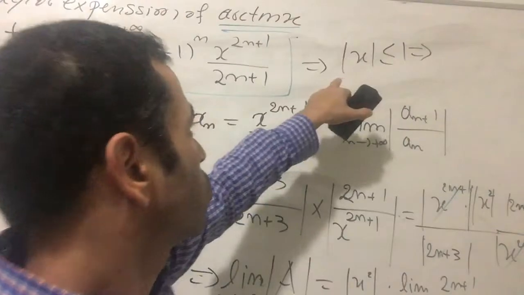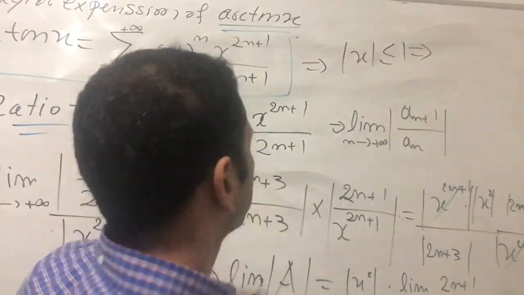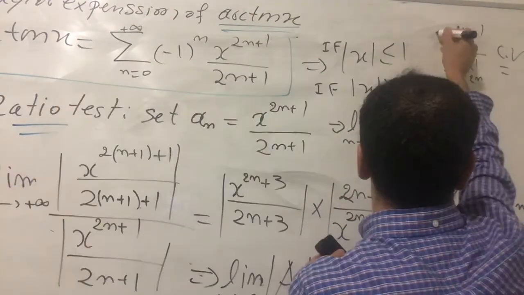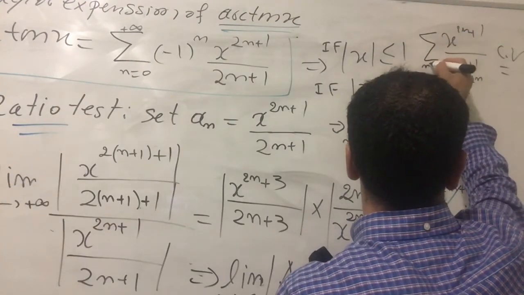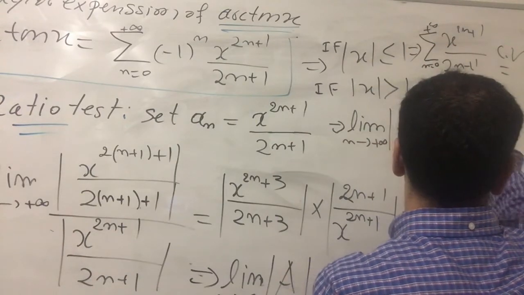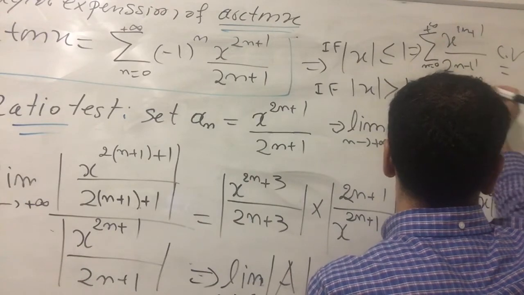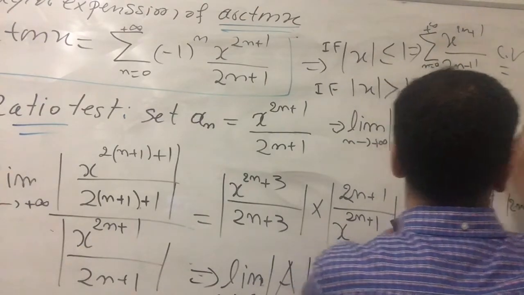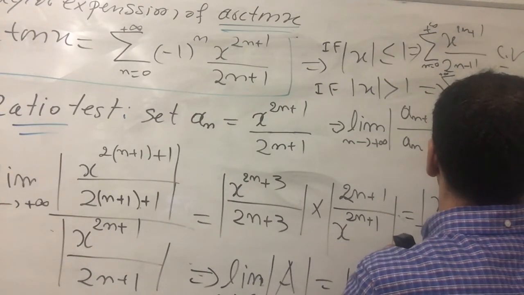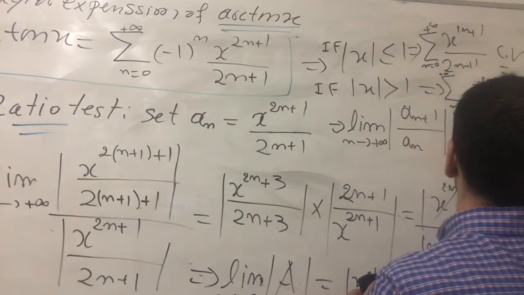So the absolute value of x is less than or equal to 1. That implies this series as n goes from 0 to plus infinity converges. Otherwise this series diverges.